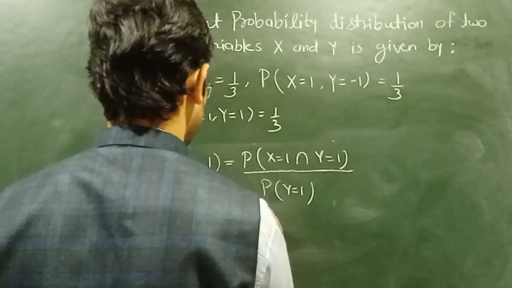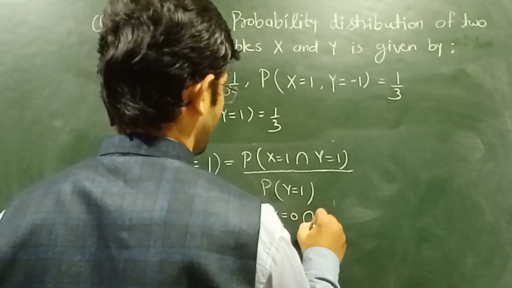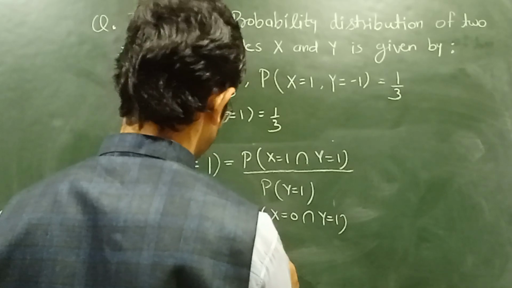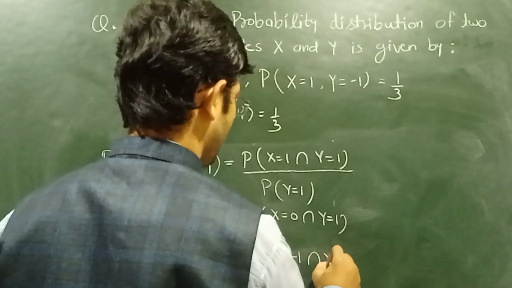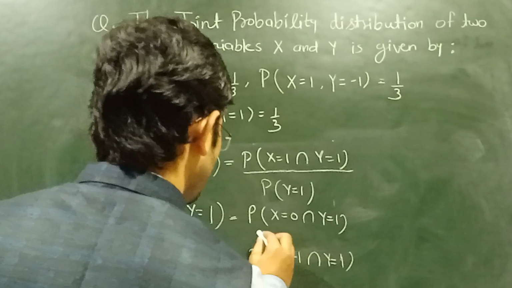Now the second is x equal to 0 intersect y is equal to 1, and the third one is x equal to -1 intersect y is equal to 1.